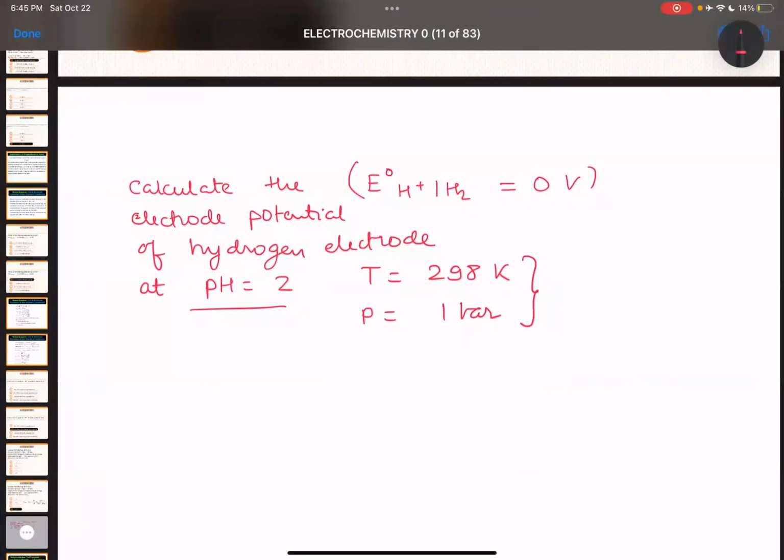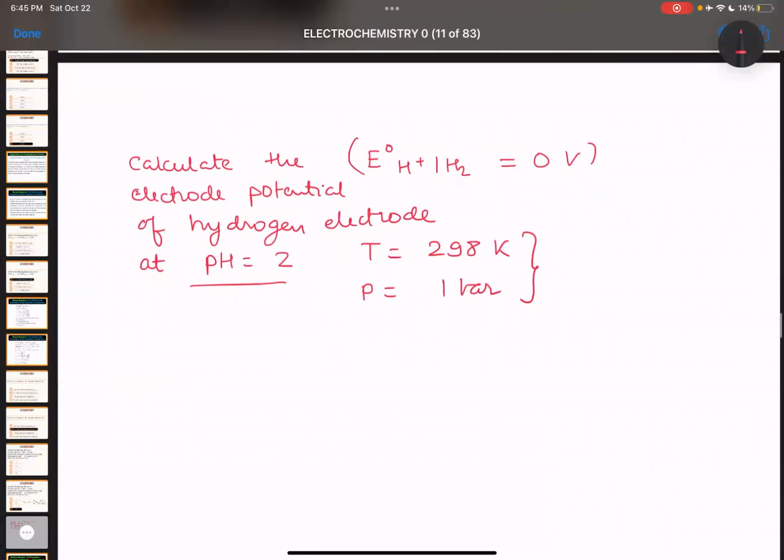First you need to write the Nernst equation for the electrode potential. Any idea how you are going to do it? The electrode potential of the hydrogen electrode is equal to the electrode potential of the standard hydrogen electrode, but this is zero, so we don't have to worry.